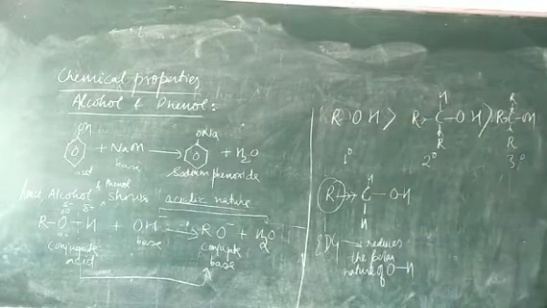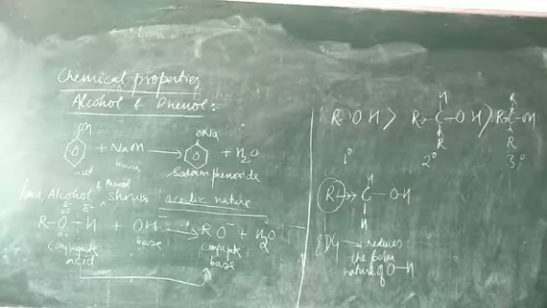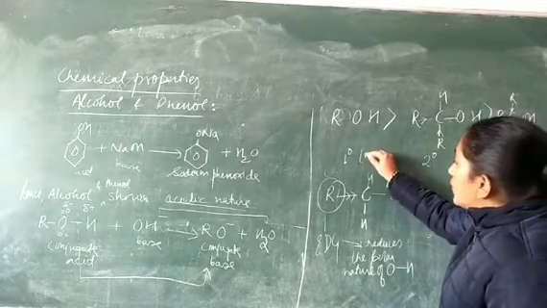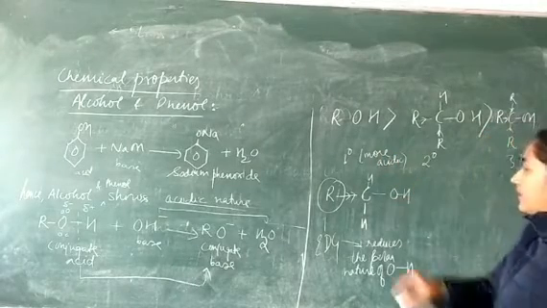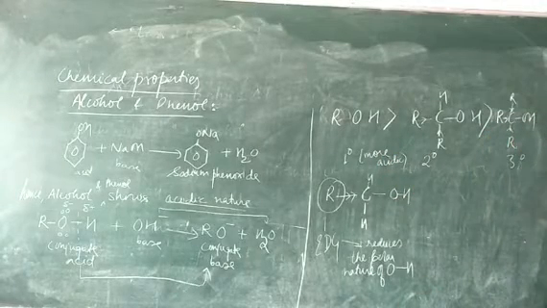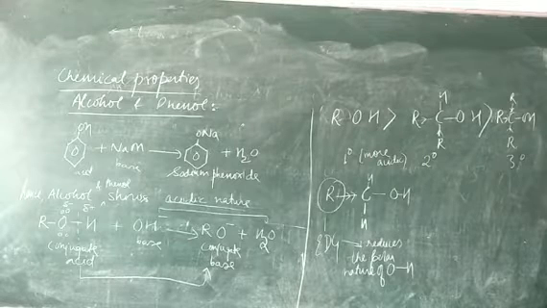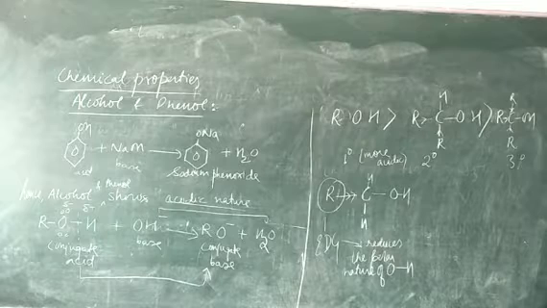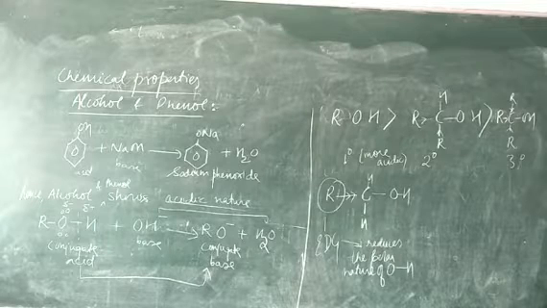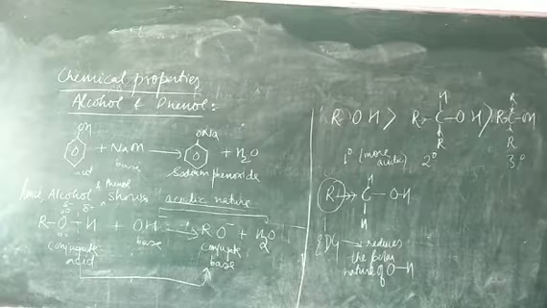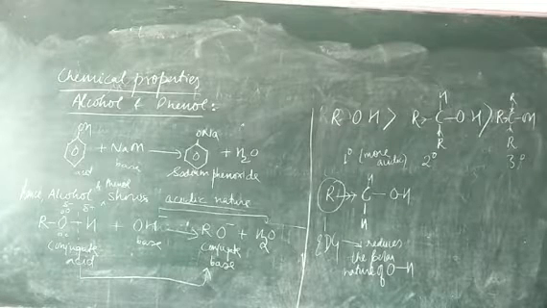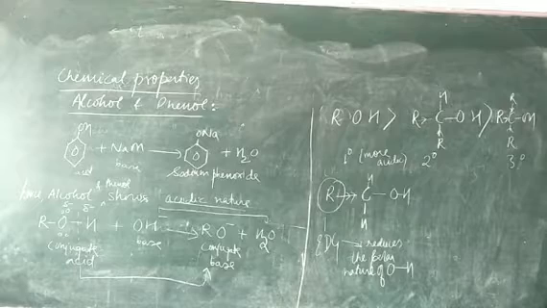So among these three, the acidic nature of primary alcohol will be more, so this is going to be more acidic, right? So if an electron donating group is present in the carbon chain, it will reduce the polar nature of the OH bond and hence the acidic character is going to decrease, right? This is about the acidic nature of alcohol.